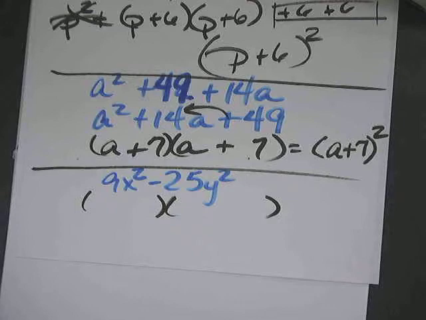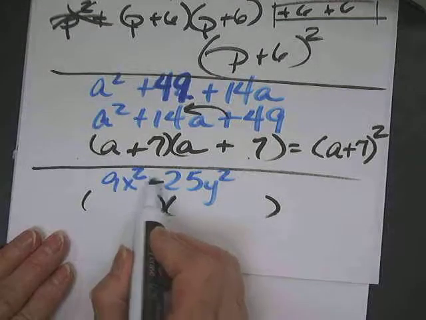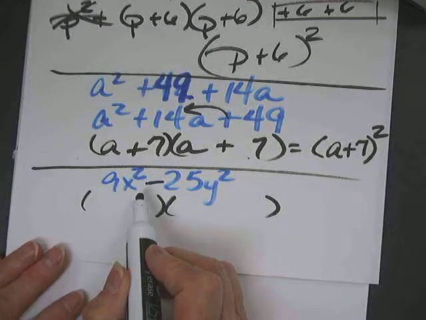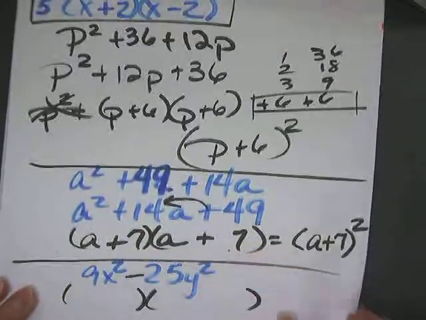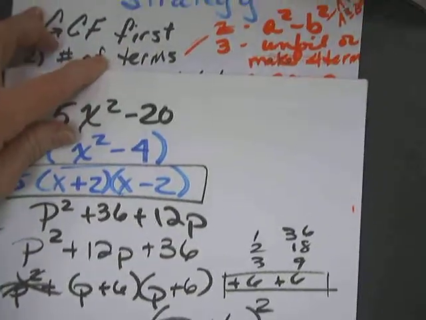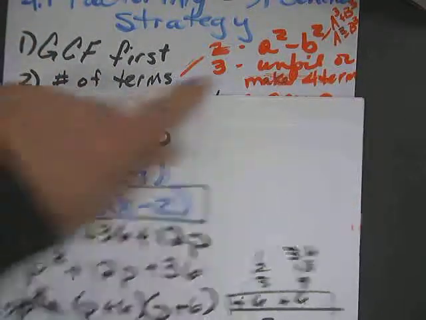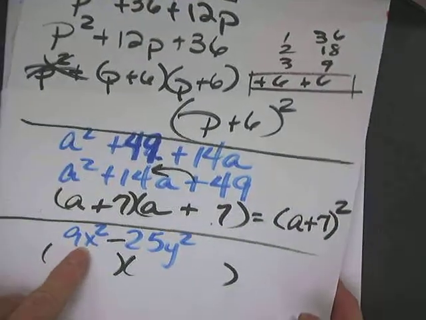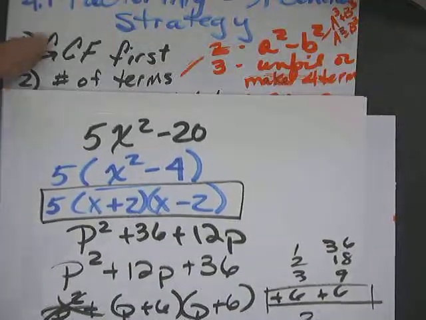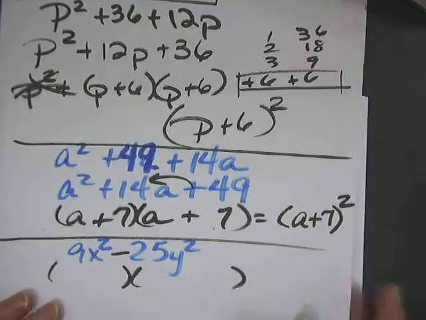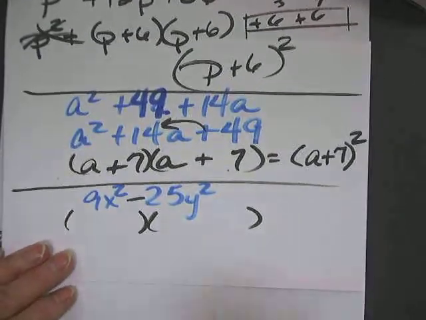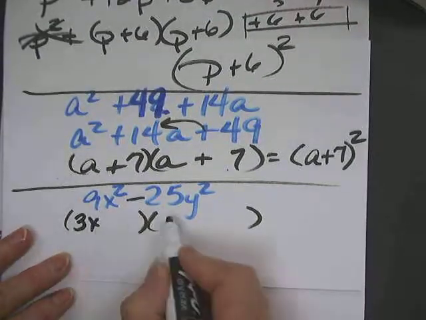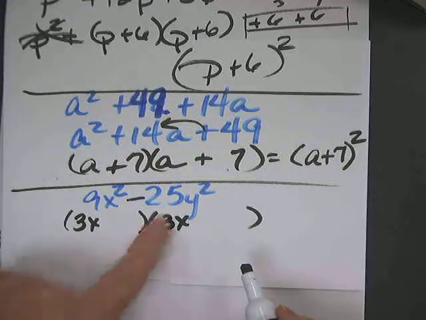Okay. Two big numbers. 9x squared minus 25y squared. It's a little different, not much more challenging. When there's two terms, what do we look for again?